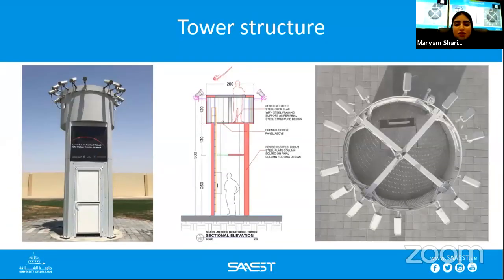For the tower structure, as you can see in an example of one of the towers on the left, it consists of three levels. The first level contains the PC and the monitor, where we can control the cameras. On the second level, you can find an empty space for storage, or you can just walk by to the upper level, where you can find all the cameras. The picture on the right is the camera representation, a top view of the tower.